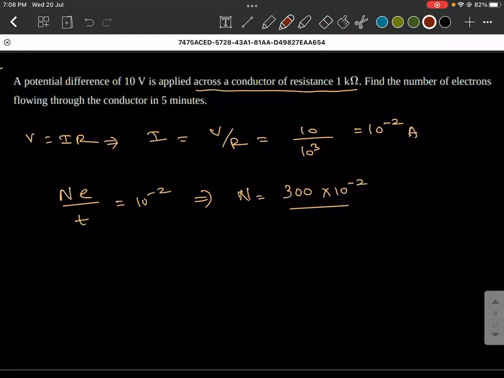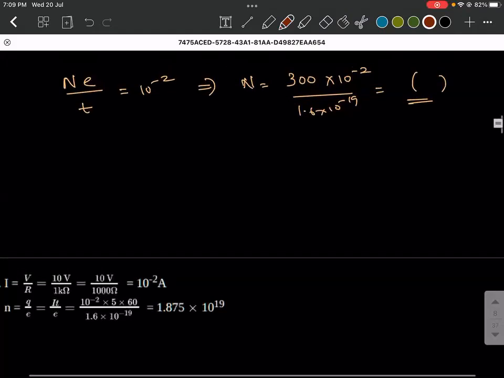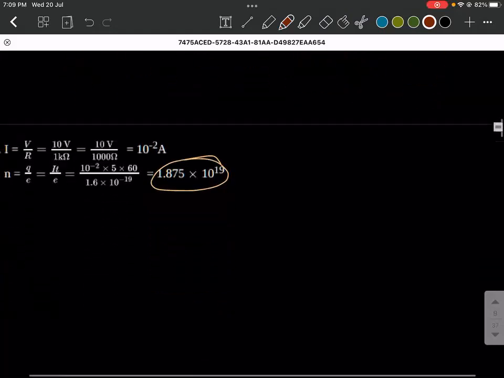So 300 into 10 power minus 2 divided by 1.6 into 10 power minus 19 will give you the required answer. The answer is 1.875 into 10 power 19 electrons. Okay.